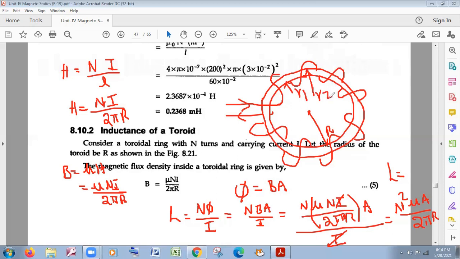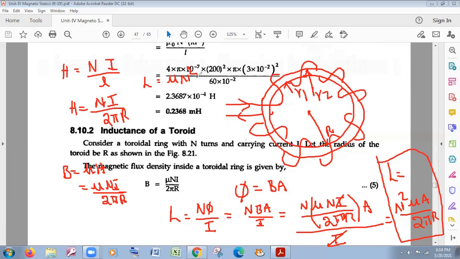Then the inductance is given by, if I take only the radius R, N square mu A by 2 pi r. So L is equal to N square mu A by 2 pi r.